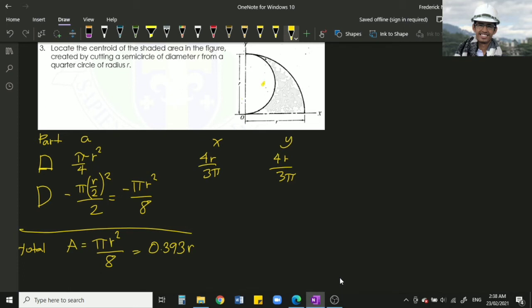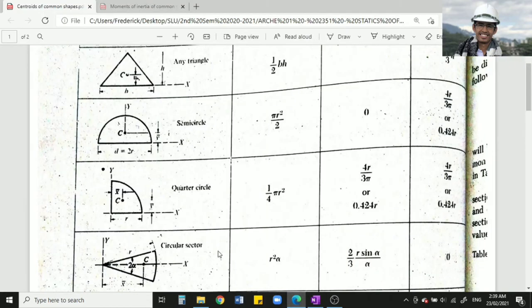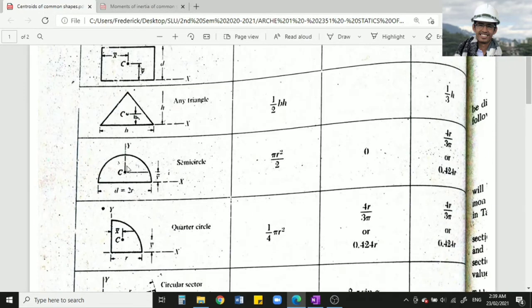And for the semicircle naman natin, so for the semicircle, nandito banda yung kanyang centroid. Okay. Yung centroid kasi nung ating quarter circle is nandito banda. Okay. Medyo gitna dito banda. So this is 4r over 3 pi. Okay. And for the semicircle, so dito, so yung x-axis natin, x-axis natin, that will be, tingnan na lang natin sa table for the quarter circle.